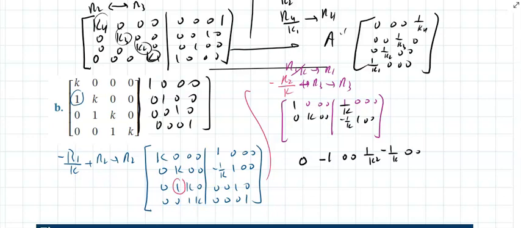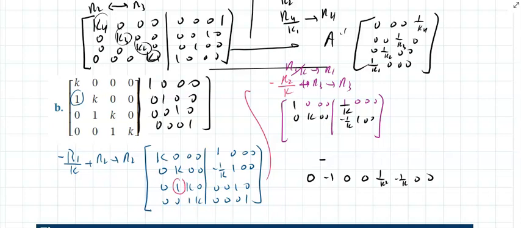And if I add that to row 3, I'm not lining those up properly. So I have 0, negative 1, 0, 0, 1 over k squared, negative 1 over k, 0, 0.